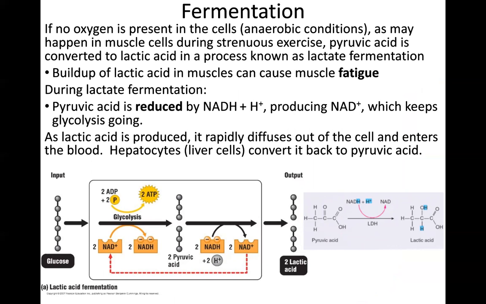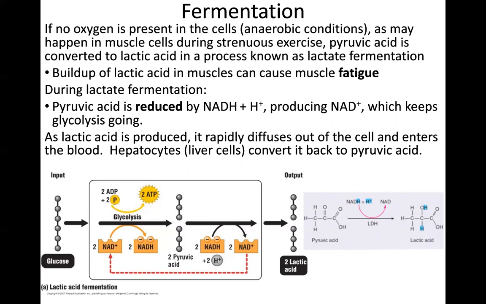Like I said, this is not what we prefer to do, but it is something that we do if no oxygen is present in our cells, once again what we'd call anaerobic conditions. This happens especially when you're exercising very strenuously and your muscles aren't receiving a sufficient amount of oxygen, so they become anaerobic.